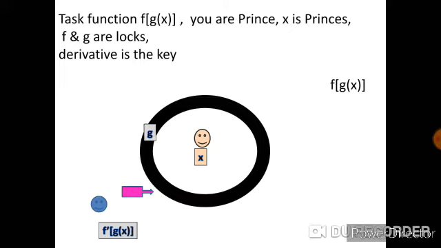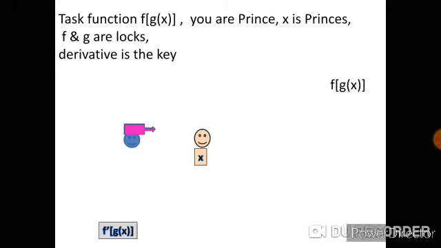Now we have to move to the next gate g. See how we can do that. Now the prince will move towards the gate g, that is the function g, and he has to use the key, that is derivative. So now he is operating the key on this g. Now it is going to open. Yes, it is opened.